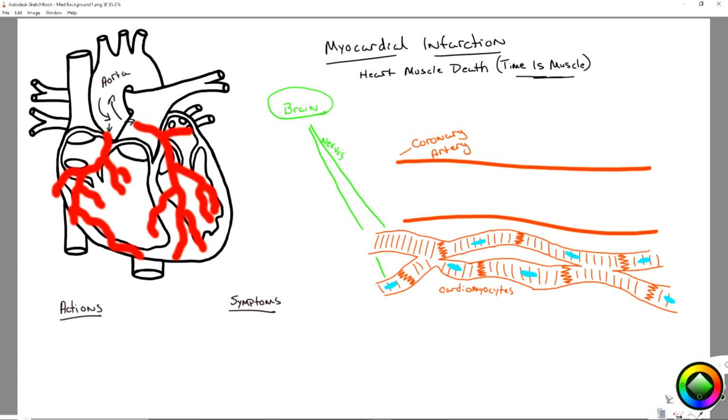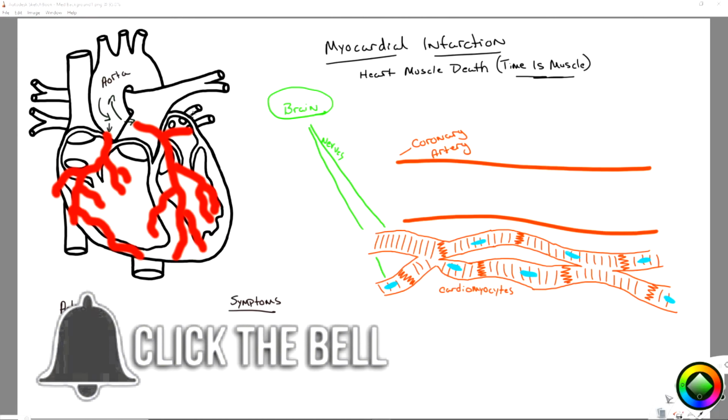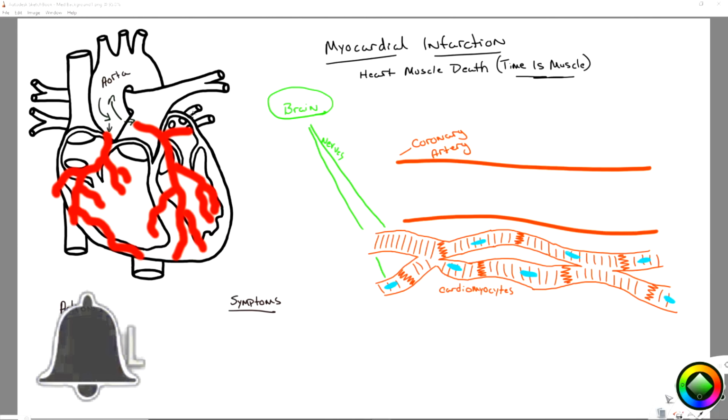So what happens when there's a piece of plaque? We've already discussed that atherosclerosis could cause plaque buildup and hardening of the arteries inside different vasculature. Now, what happens if one of those plaque pieces plucked free and then travels to your heart and gets into one of these coronary arteries and gets stuck?